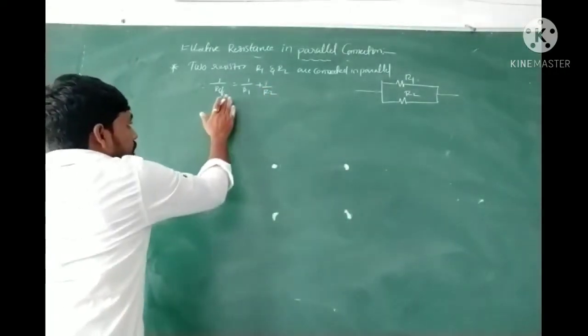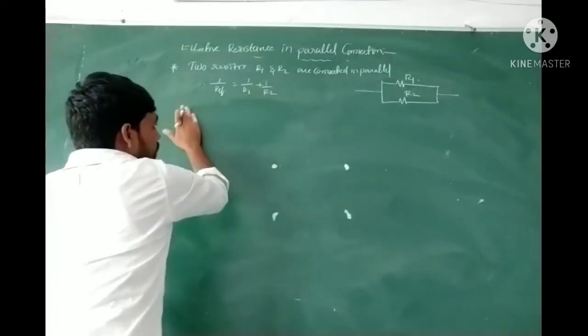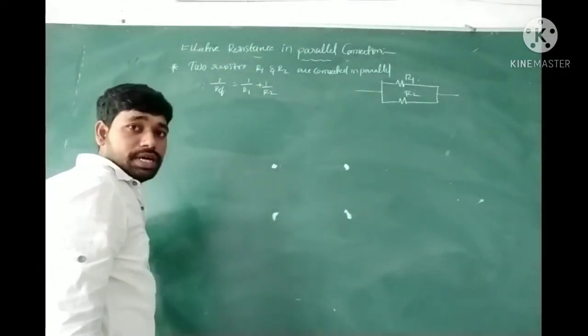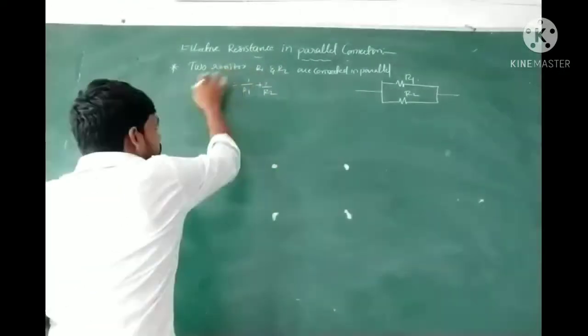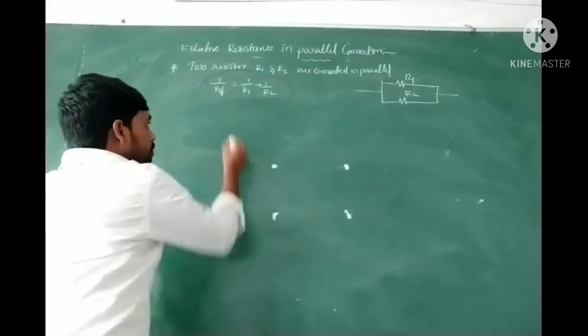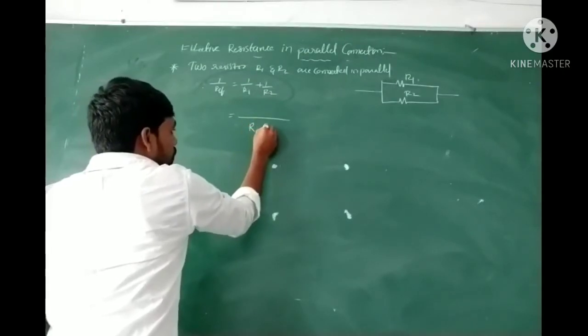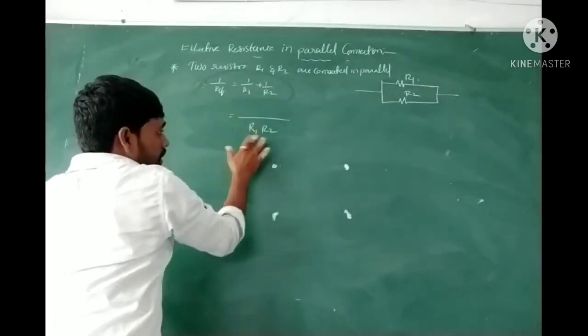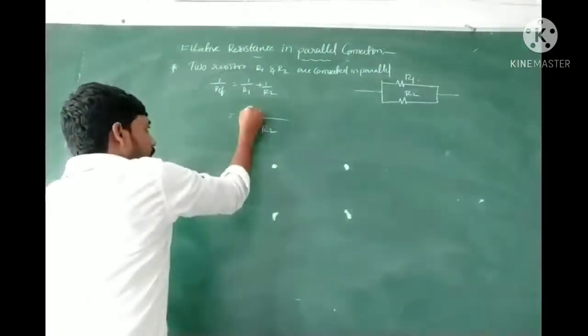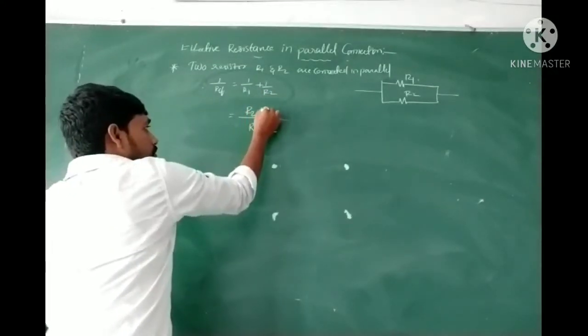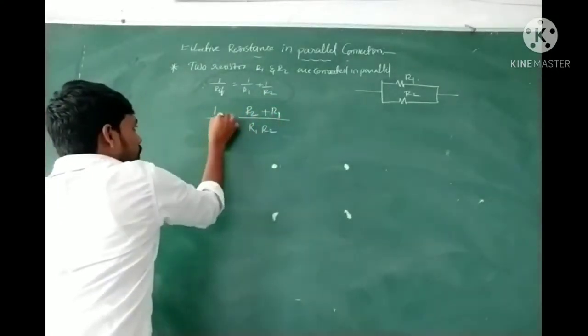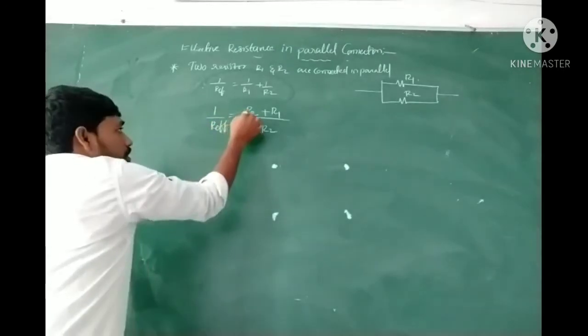But we can solve this further and conclude one formula, so we need not do the same kind of calculation again. On the right side we can take the LCM, that is R1 into R2. In this product, R1 appears R2 times and R2 appears R1 times. So we can write 1 by R effective is equal to this.